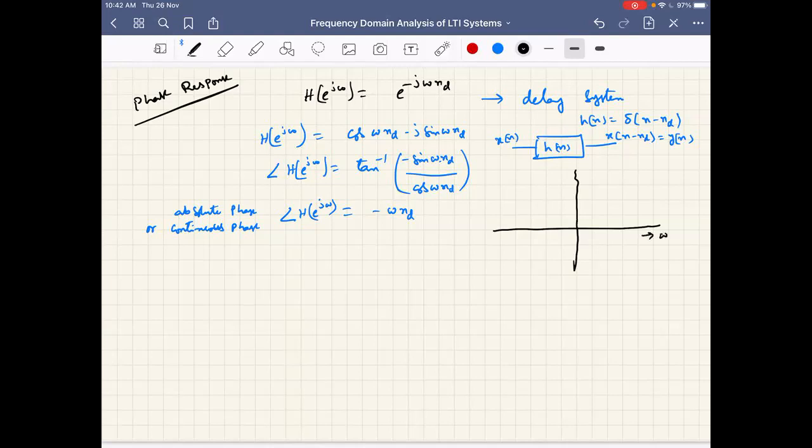If it were a positive slope, it would have looked something like this. Since it is a negative slope, it looks something like this. Since I have written in the negative direction, it is minus omega nd.